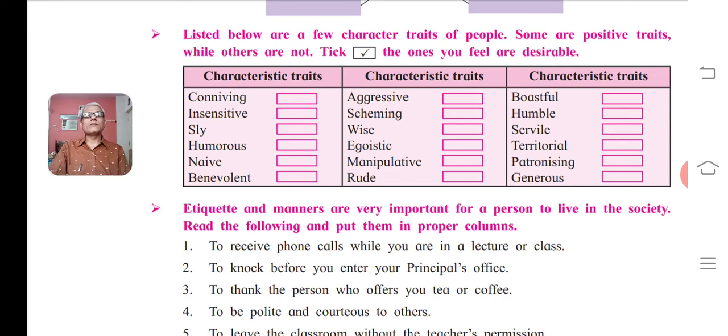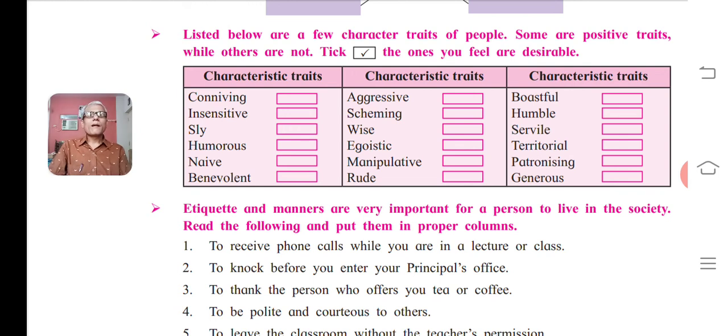In the second column, the words are aggressive, scheming, wise, egoistic, manipulative, rude. And in the third column, the characteristic traits are boastful, humble, servile, territorial, patronizing, and generous.